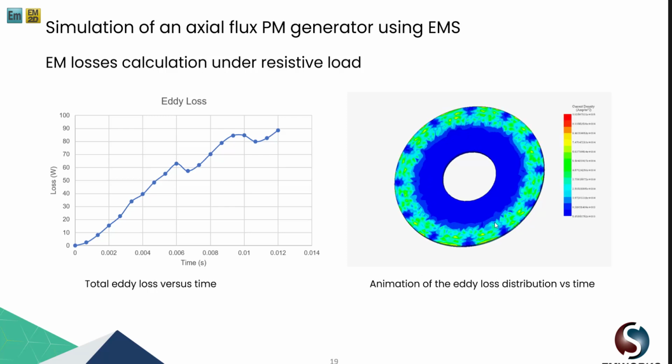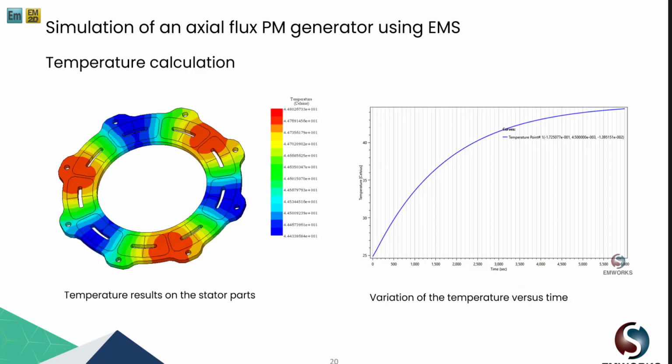This is the eddy current density versus time, eddy current losses in particular. This is the actual temperature. So EMS takes the losses, automatically feeds them into our integrated thermal solver, and it actually gives you the temperature everywhere in the model.